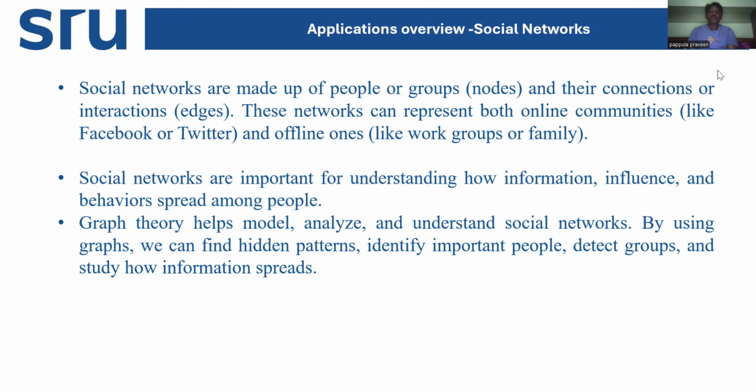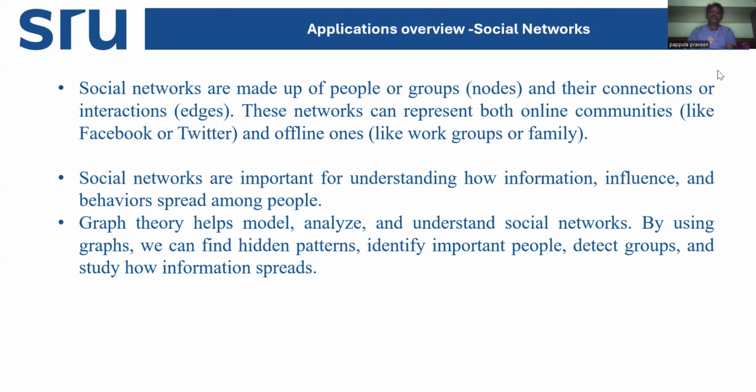Social networks are important for understanding how information, influence, and behavior spread among people. Graph theory helps model, analyze, and understand social networks. By using graphs, we can find hidden patterns, identify important people, detect groups, and study how information spreads.